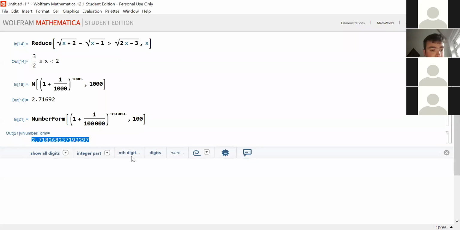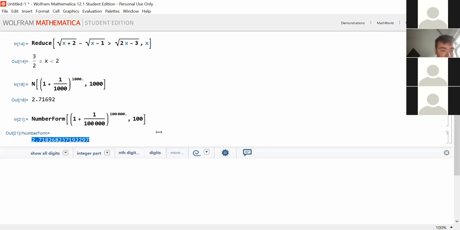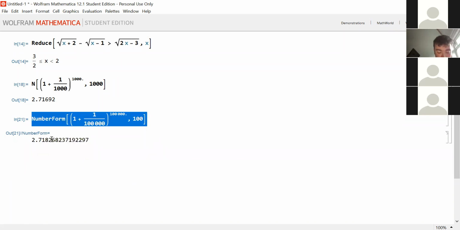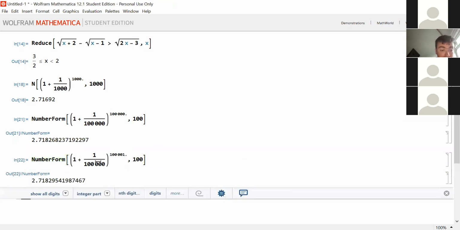If I go back to my other window, this is the left-hand function, 1 plus 1 over n to the power n, and this gives me an approximation to e. I also get an approximation to e if I raise it to the power of n plus 1.